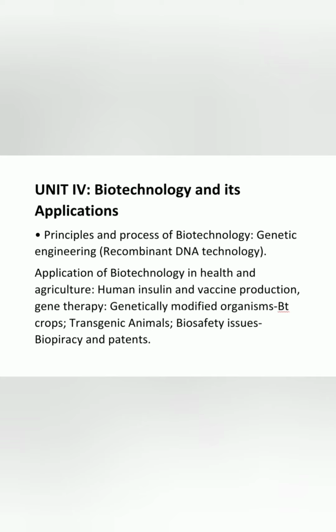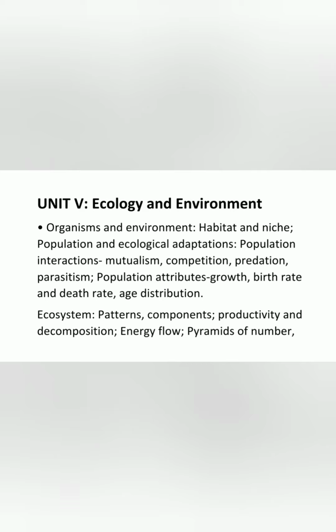It includes principles and process of biotechnology, genetic engineering, recombinant DNA technology, application of biotechnology in health and agriculture, human insulin and vaccines production, gene therapy, genetically modified organisms like Bt cotton, transgenic animals, biosafety issue, biopiracy and patent. Unit 5 include ecology and environment.